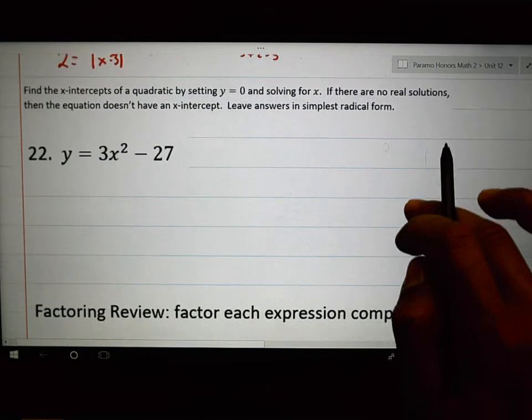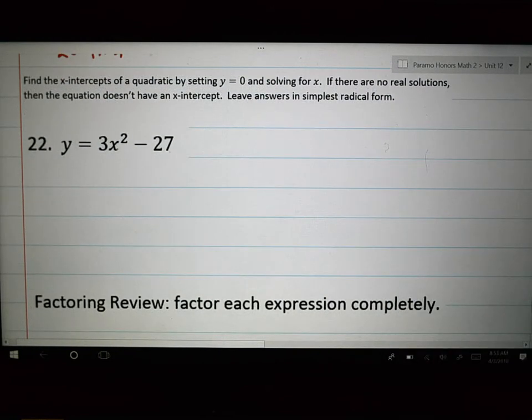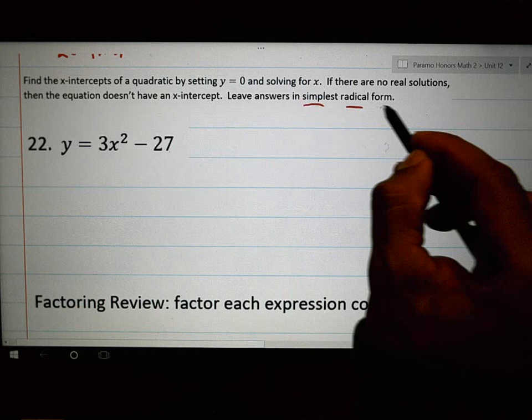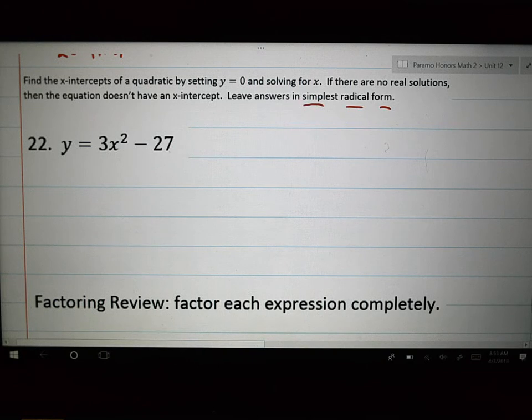Number 22. Find the x-intercepts of a quadratic by setting it equal to 0 and solving for x. If there are no real solutions, then the equation doesn't have an x-intercept. Leave the answers in simplest radical form. Underline that. Is there a b value here?